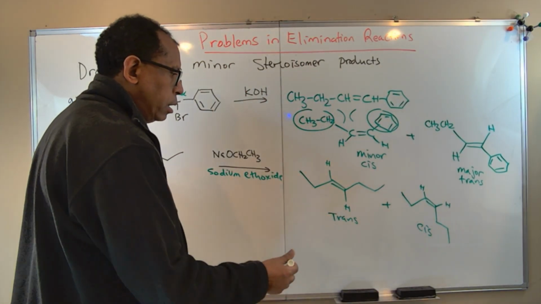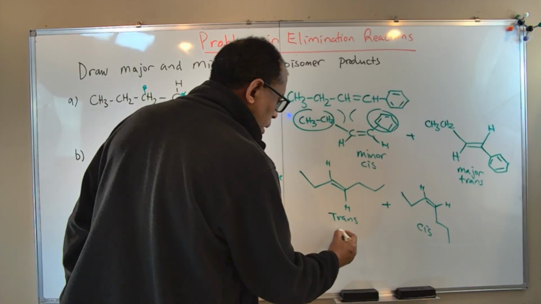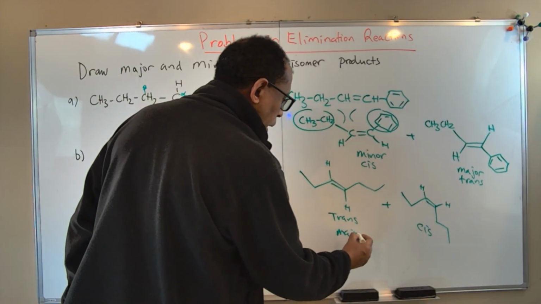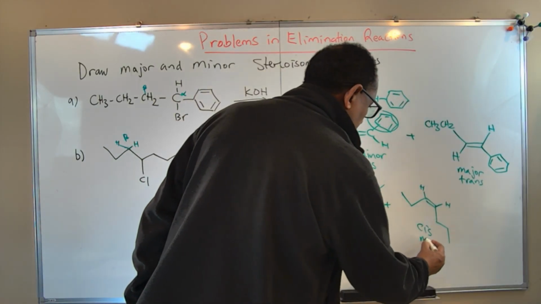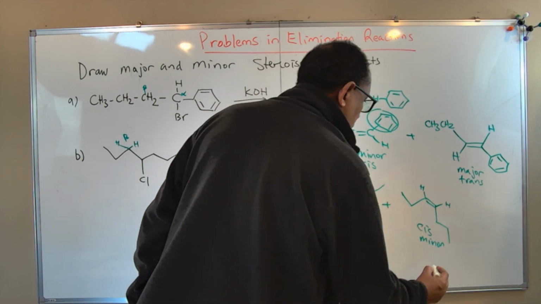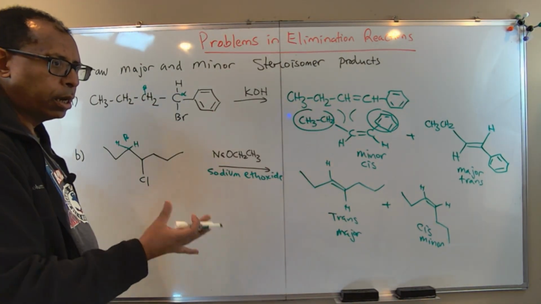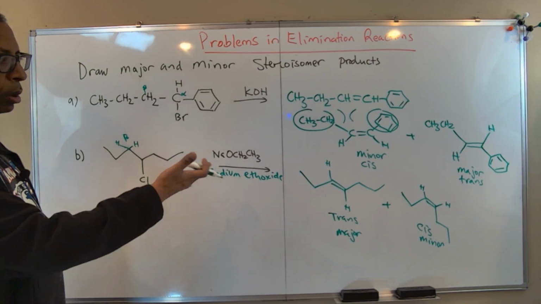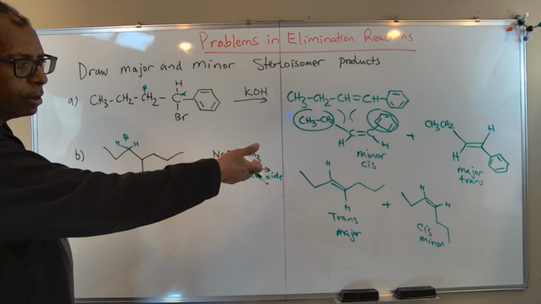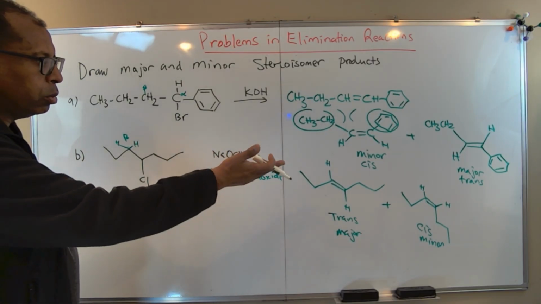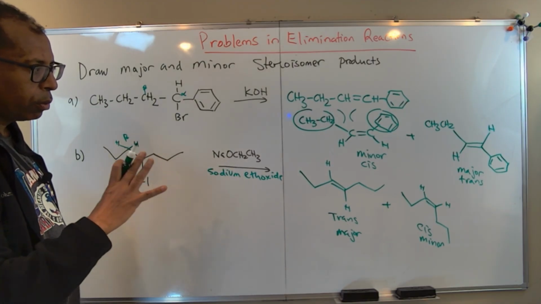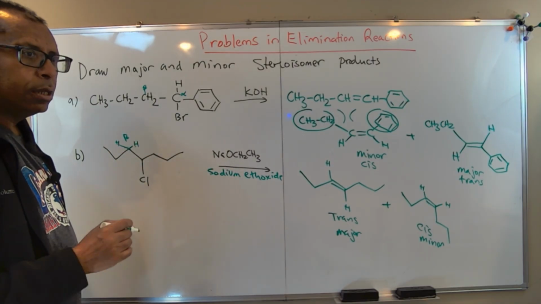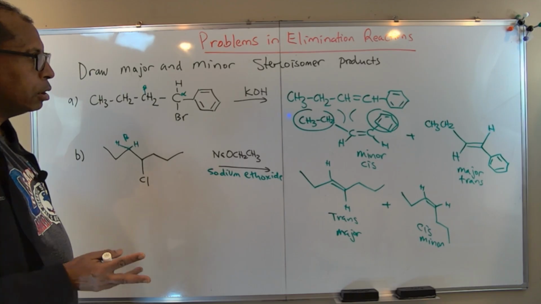So I would say the major one still would be a trans compound. This would be a minor product. So this is a relative term. So you could get, I'm not sure, 70-30 or 80-20, something like that. But qualitatively, you know that the trans compound is a major product.